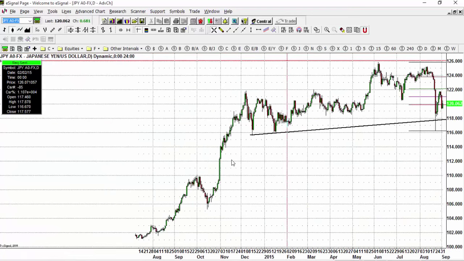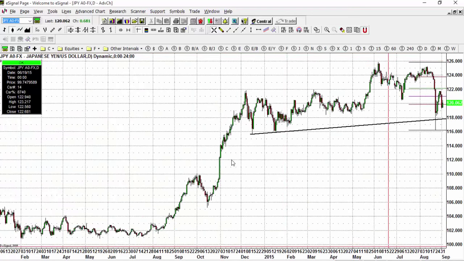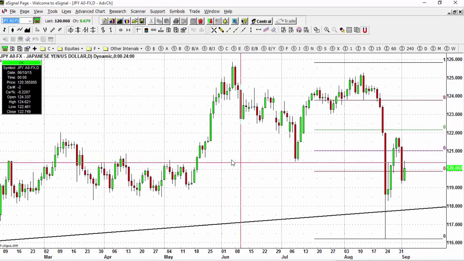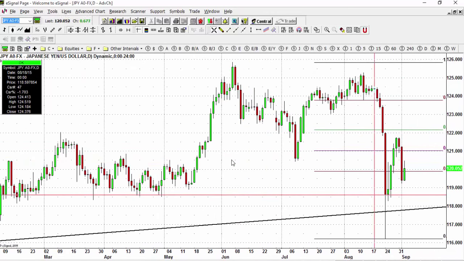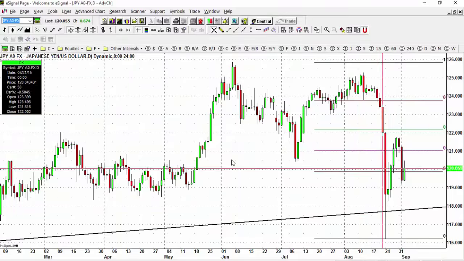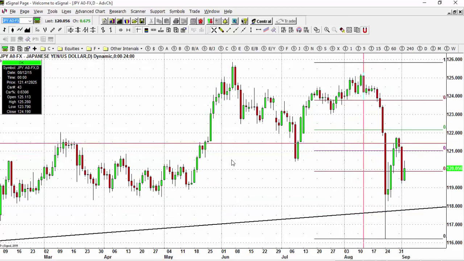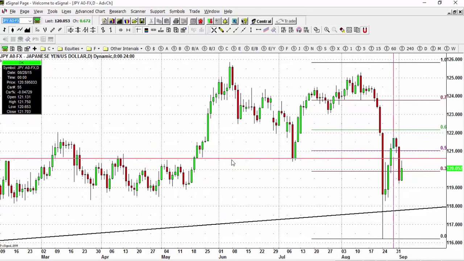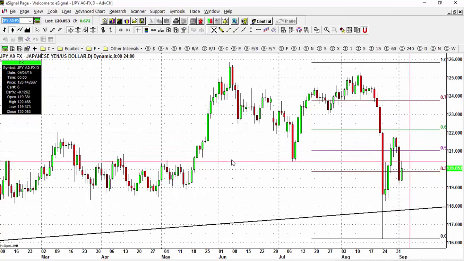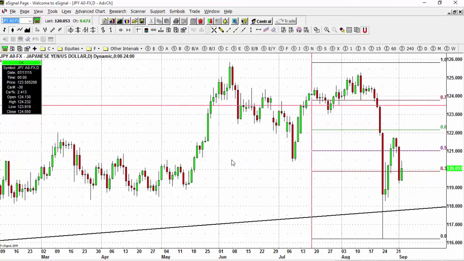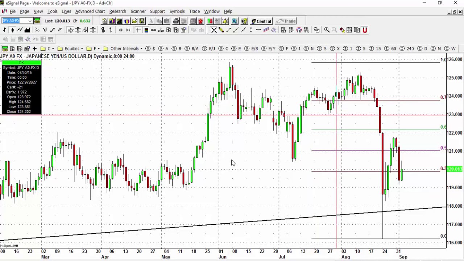The Japanese yen is following the US stock markets. When the US stock markets sell off, the Japanese yen is gaining. When it recovers, the Japanese yen is going down, or we get a green candle here. Because remember, this is USD versus Japanese yen. So when this market is moving down, that means the Japanese yen is strengthening.